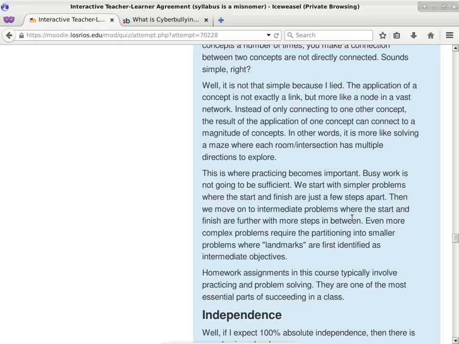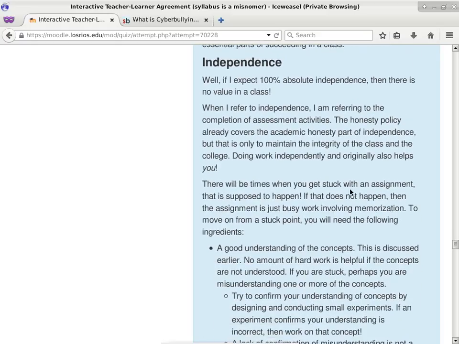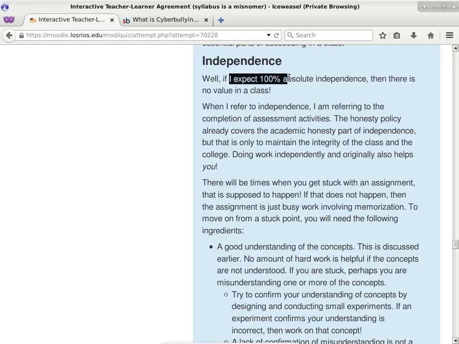All right, moving on. Independence. Now, if I expect 100% absolute independence from all of you, there's no need for me to be here. Because if you can learn 100% independently, you can just get a book and learn from the book. So I'm not talking about 100% independence.